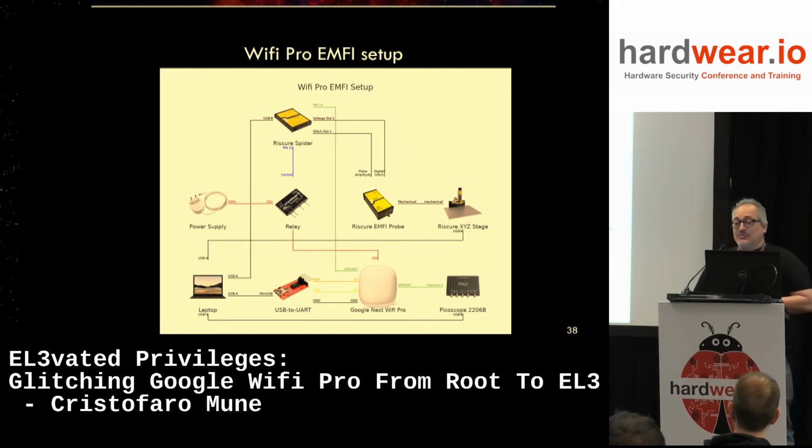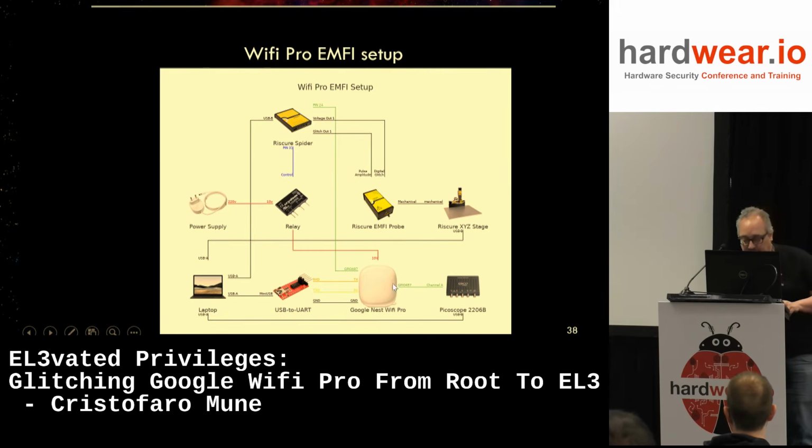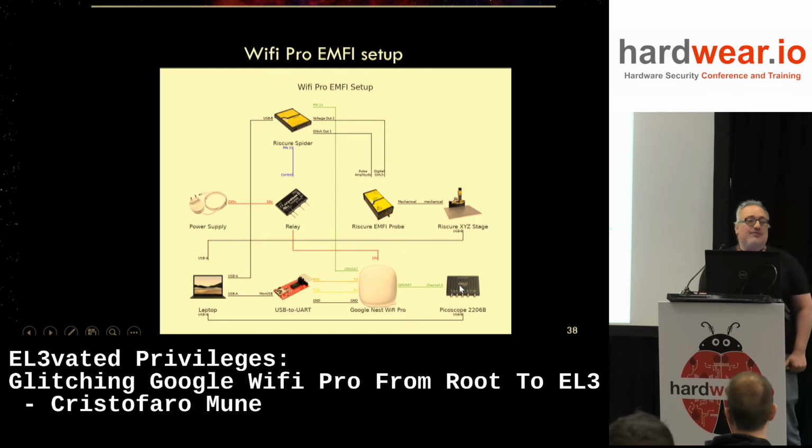So our setup looks like this, and our target is basically there. Let me do this so you can see our target is on an S-Wi-Fi probe. Oops, sorry, this is the one. We communicate with a UART through a USB to UART converter. We use an oscilloscope for measuring traces of what we see, so power traces and other things we're going to see in a moment.